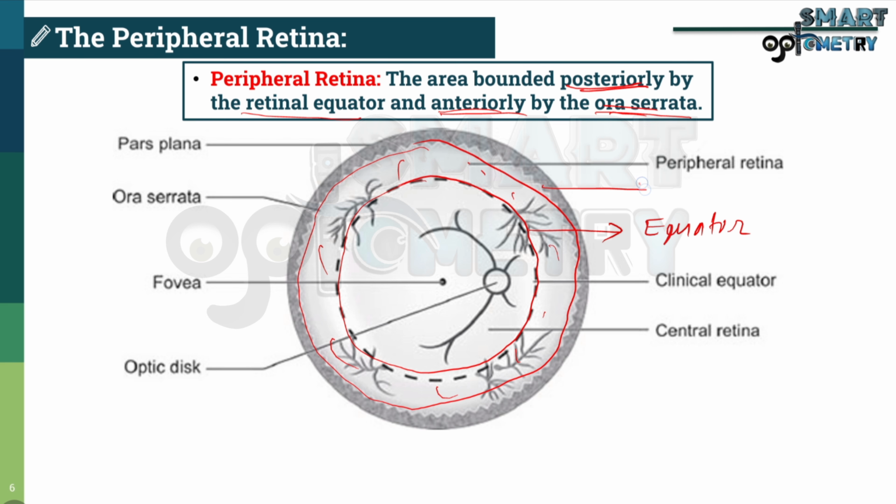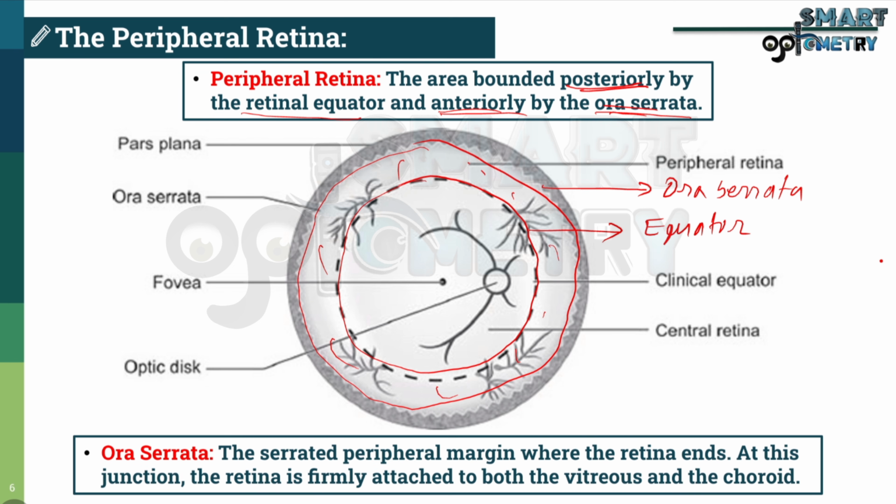This is the ora serrata. The ora serrata is the serrated peripheral margin where the retina ends. At this junction, the retina is firmly attached to both vitreous and the choroid.